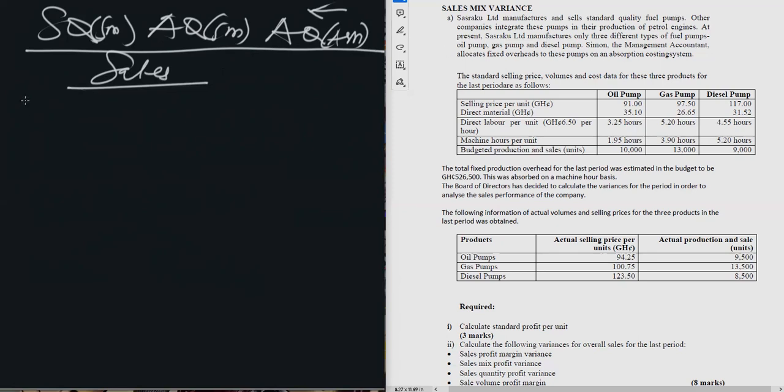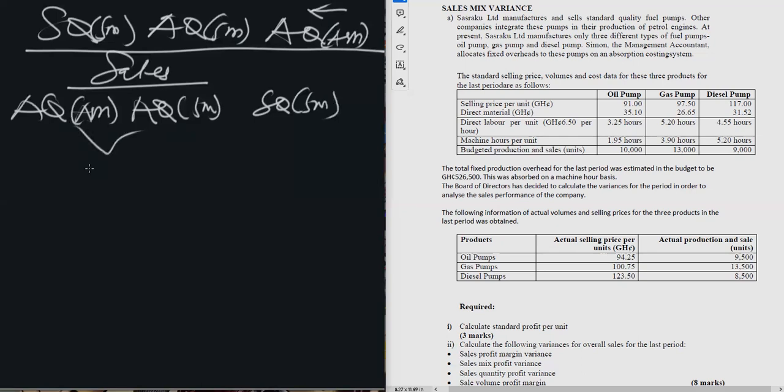For sales, actuals come first. So actual mix, and standard mix. Between this and this, the quantity are the same, but the mix is different. So this is the mix variance. When you come between this and this, you can see that mix and mix are the same, but the quantity is different. So this gives us the sales quantity variance.